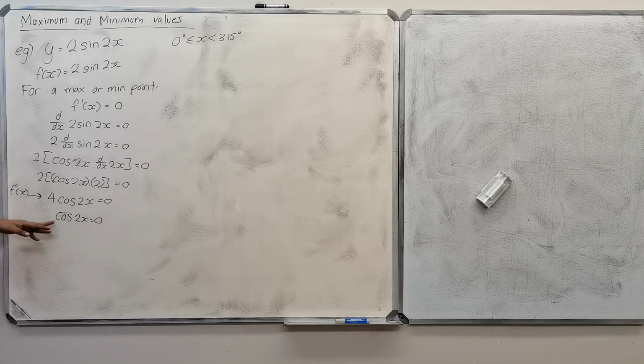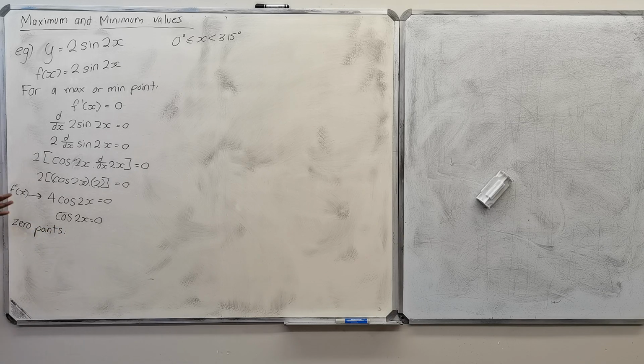Then, cos of 2x equal to 0. Right. And remember the 0 points for cos? Minus 270, minus 90, 90, 270, and then you just keep on adding 180, right?